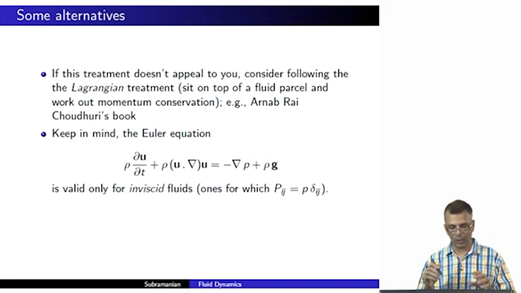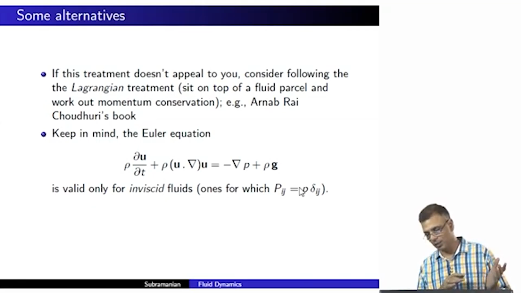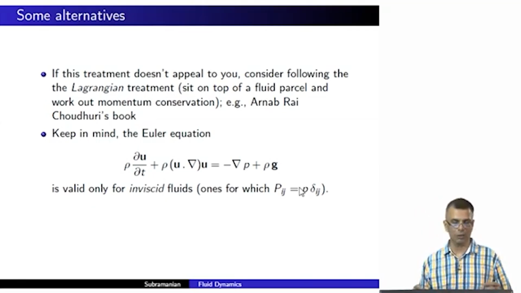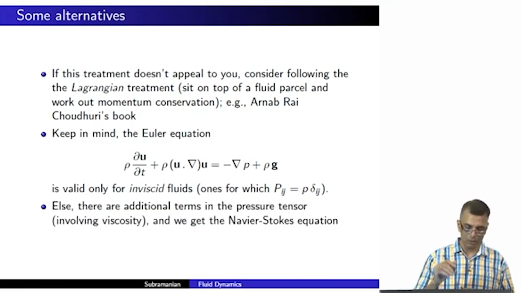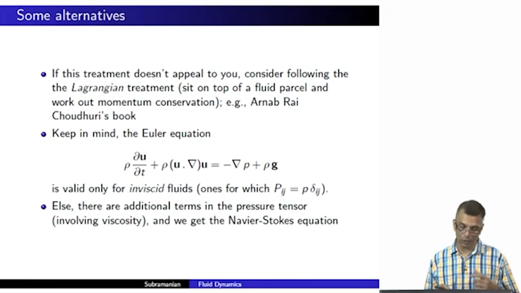Keep in mind that the Euler equation is valid only for inviscid fluids, in other words, fluids where the viscosity is negligible and you can really set the viscous terms equal to 0. Equivalently, the off diagonal elements of the pressure tensor are 0, and only the diagonal terms are non-zero. Else there are additional terms in the pressure tensor which involve viscosity, and you get the Navier-Stokes equation.